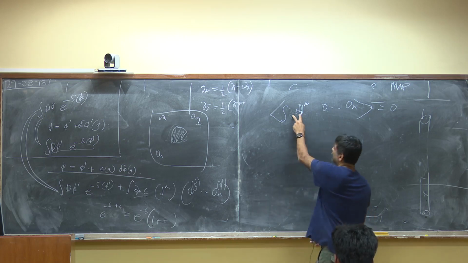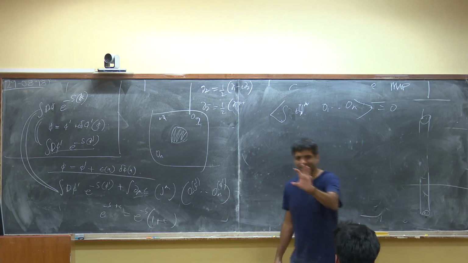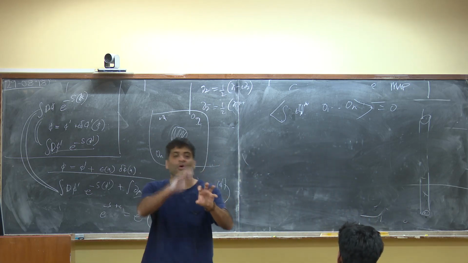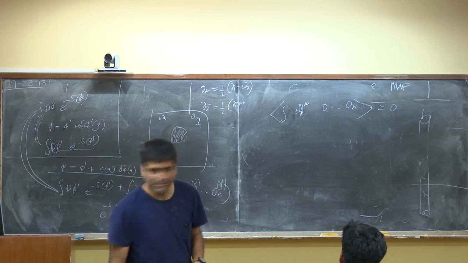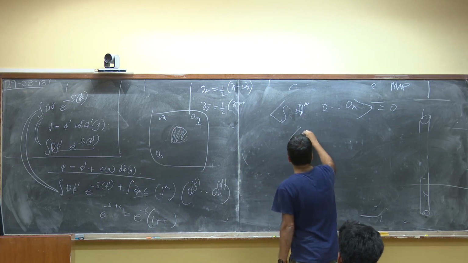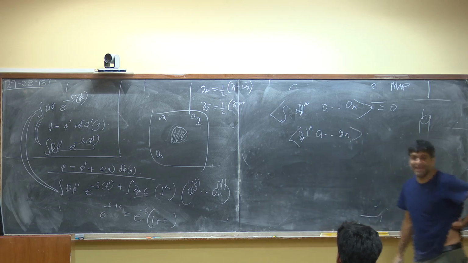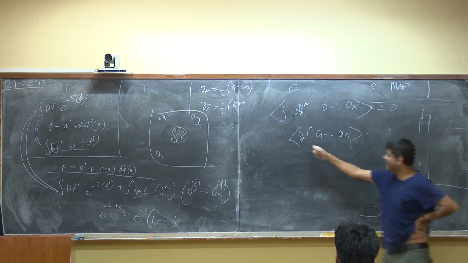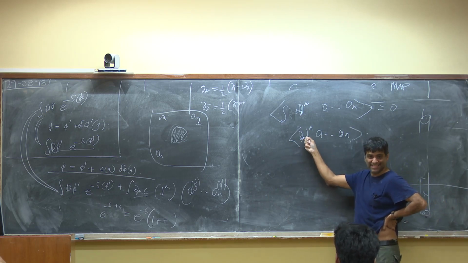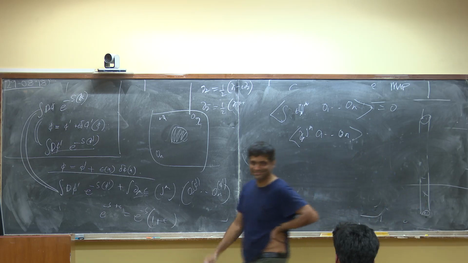This is true for every epsilon in that region. The region has just been chosen so that there's no overlap with any other operator insertion. And so the only way this can be true for every epsilon is if del mu j mu with O1 to On all themselves vanish, provided where j is inserted does not overlap with any of the insertions of the operators.